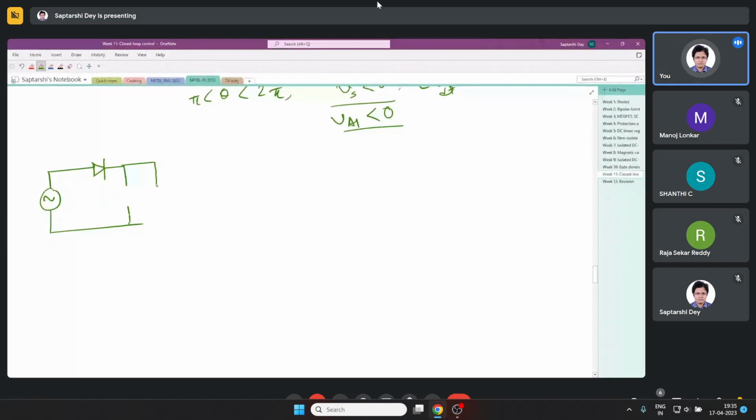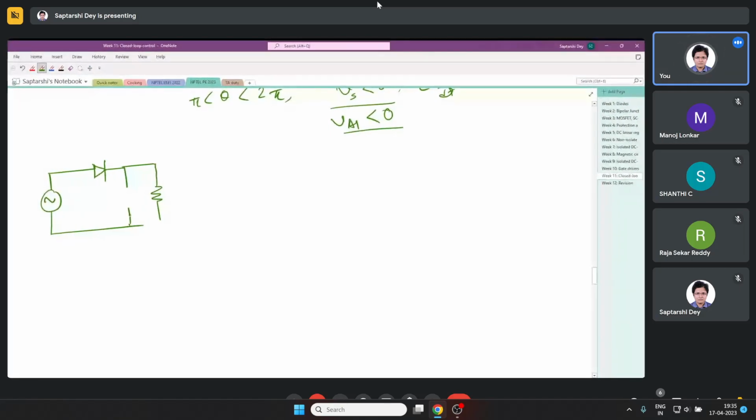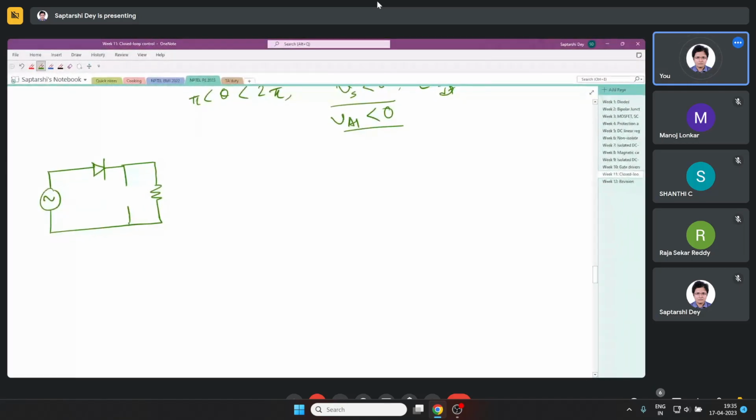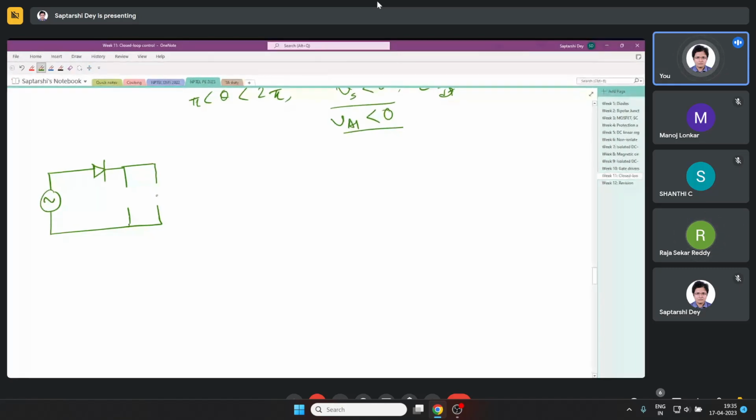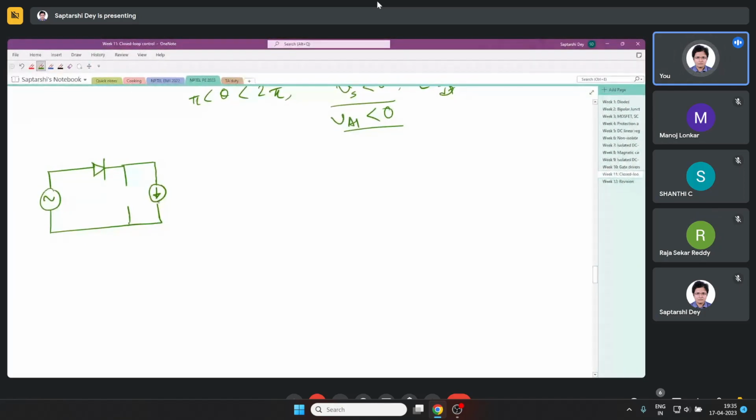This is a rectifier, a half wave rectifier, right? Now I am saying that the load of the half wave rectifier is heavily inductive, or in other words, the load current is essentially constant. I discussed this in one class, that in that case we can replace it with a current source.